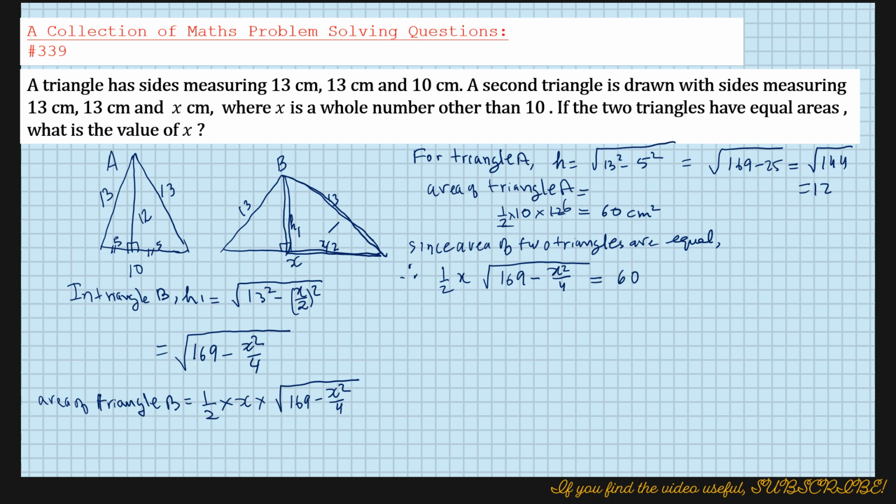Or we can write x times the square root of 169 minus x squared over 4 equals 120.